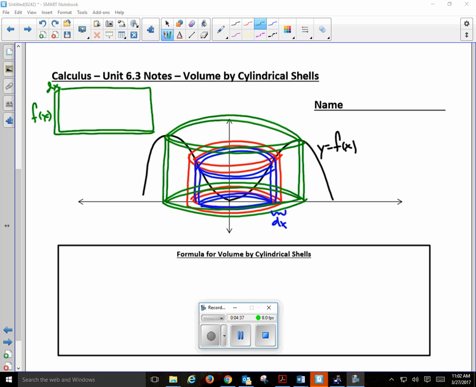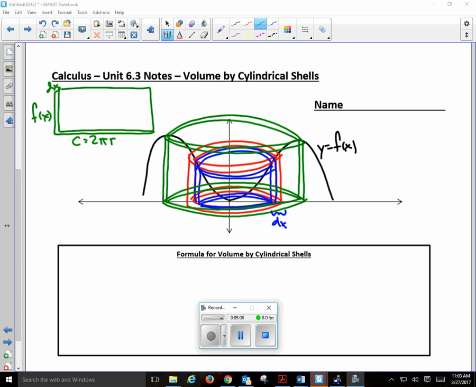But what about the length of the label? Think of a cylinder. It's a circle, and you're going to unravel it. Circumference. Circumference is equal to 2 pi times the radius.